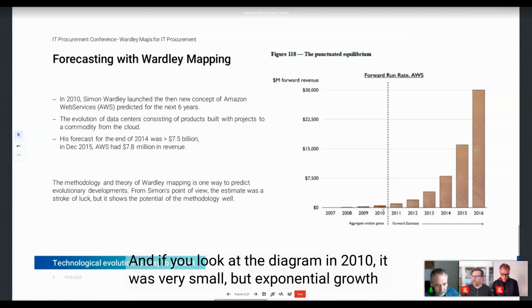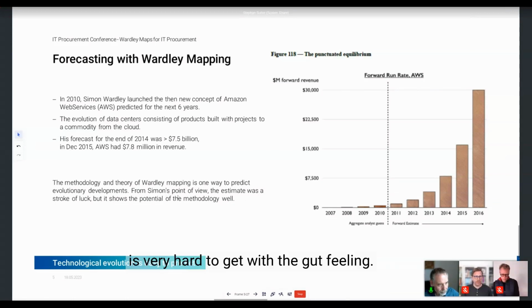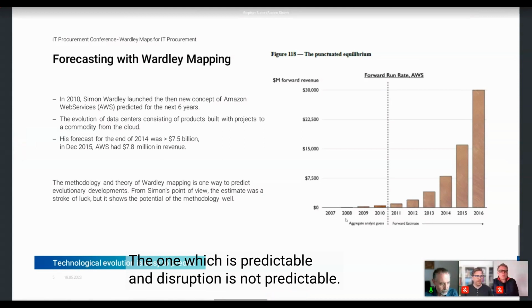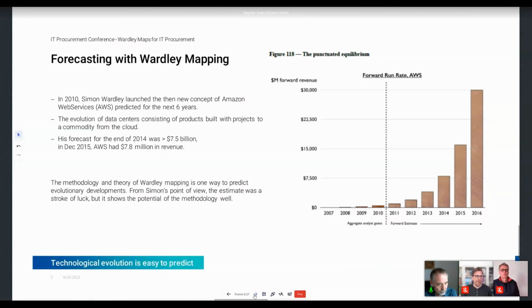And if you look at the diagram in 2010, it was very small, but exponential growth is very hard to get with gut feeling, but if you take the calculator, it's easy. And we have two kinds of evolution: the one which is predictable, and disruption, which is not predictable.